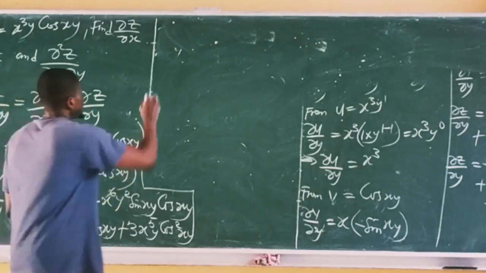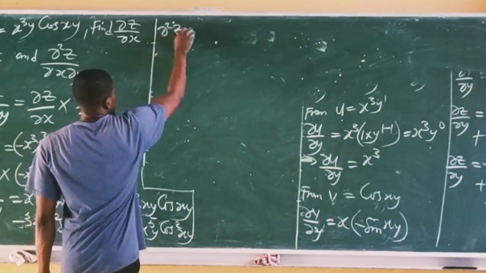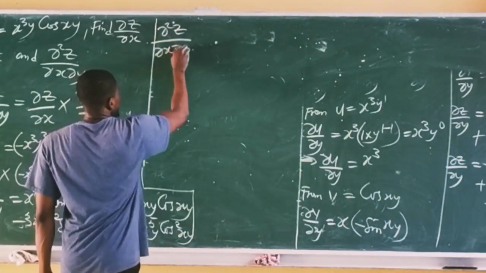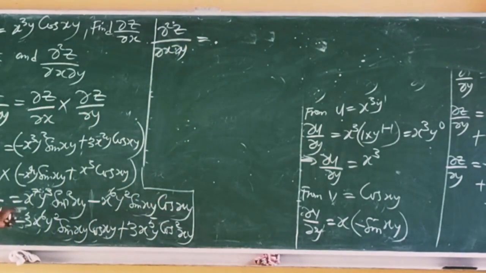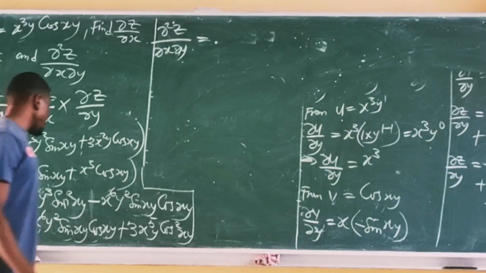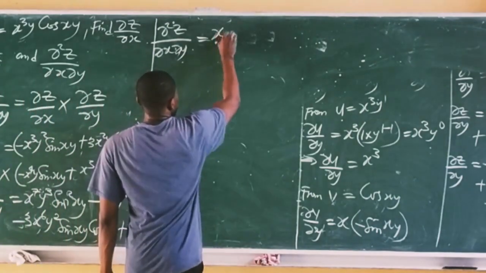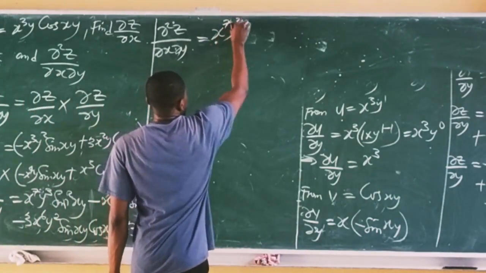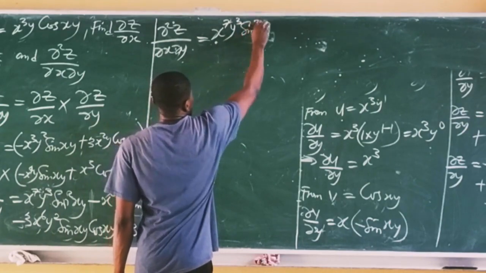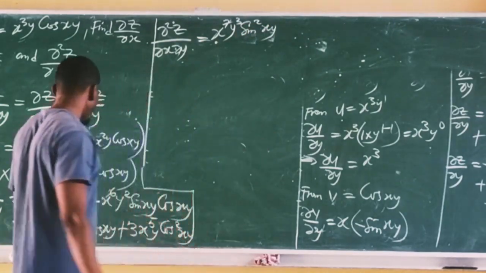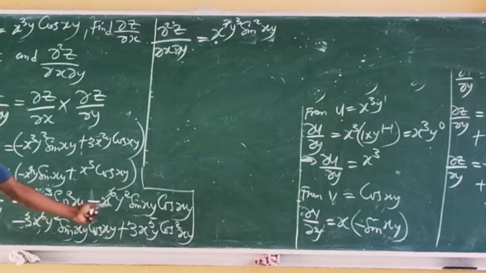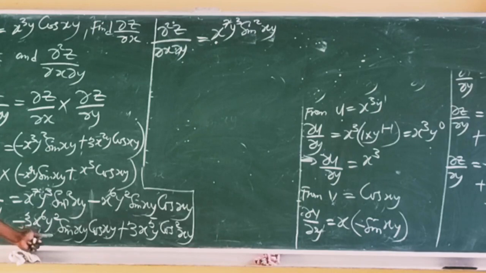Okay, so partial squared z, partial x, partial y is now equal to, we have x to the 7 y cubed sine squared xy, and then we have minus x to the 6 y squared sine xy cos xy minus 3x to the 6 y squared sine xy cos xy.